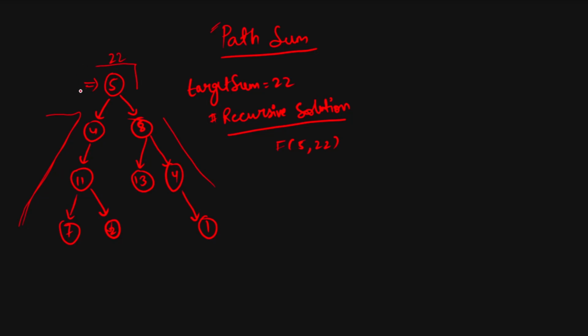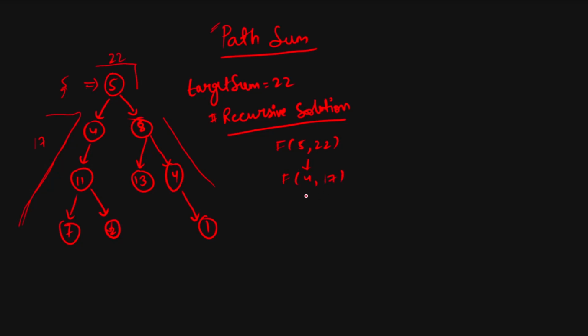What I mean is, this node value is 5. If I get 17 from any of these paths, then I can say that I have a root to leaf path where my sum is the target sum. So from here I will call my children. First, my left child 4, with target sum 22 minus 5, that will be 17.